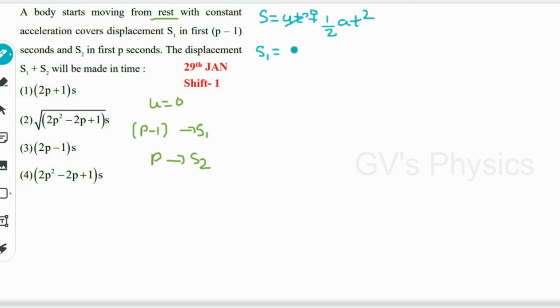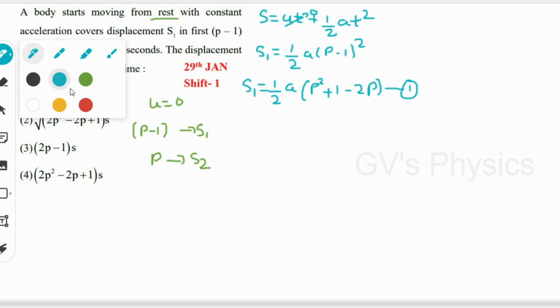So S1 is equal to 1 by 2a, in the place of t we can substitute p minus 1 the whole square. We can expand the equation because it's a minus b the whole square. So S1 is equal to 1 by 2a into p square plus 1 minus 2p. Let it be equation number 1.